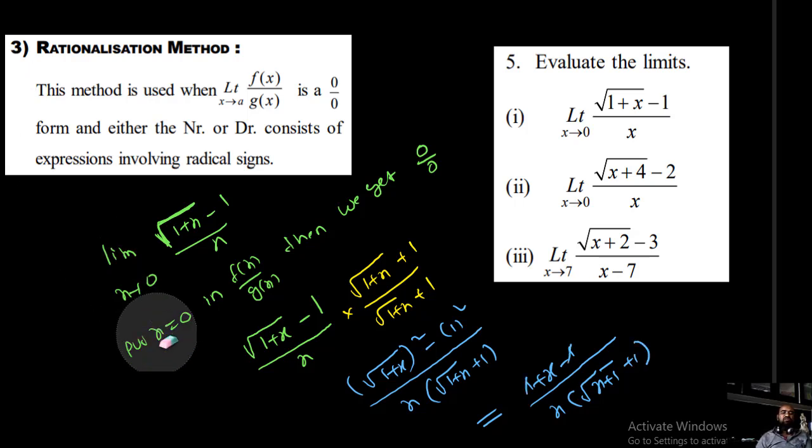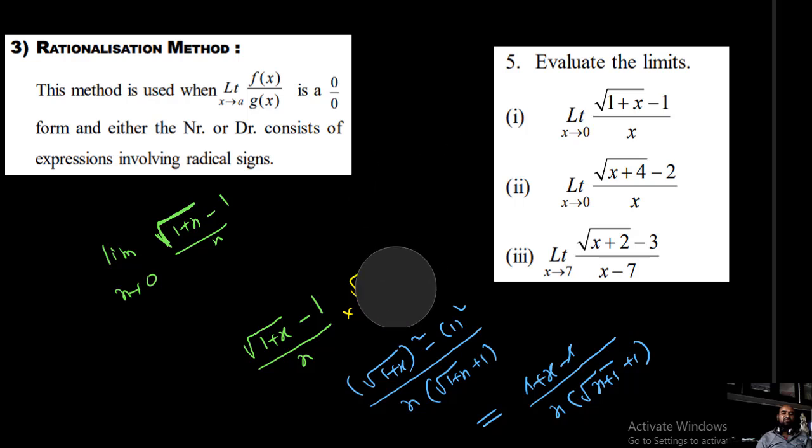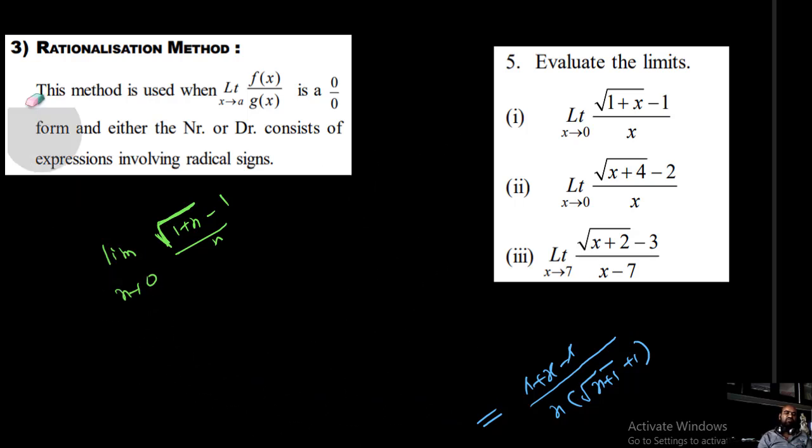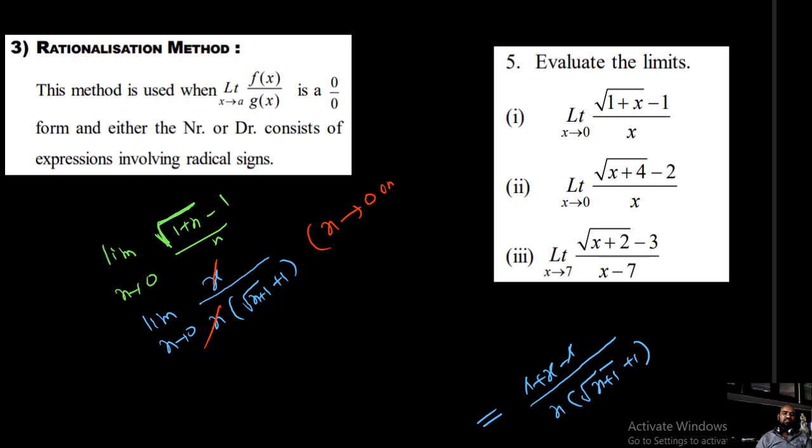Okay students, so what happened? Now what I can write is the limiting value of x by x times root over x plus 1 plus 1, x is tending to 0. x is not equal to 0, so I can cancel, the reason is x is tending to 0 only. Okay, what happened to this?